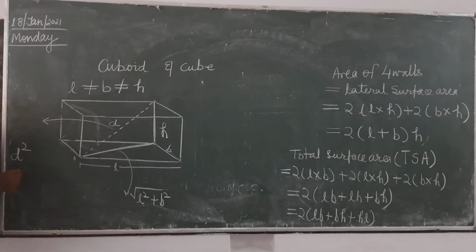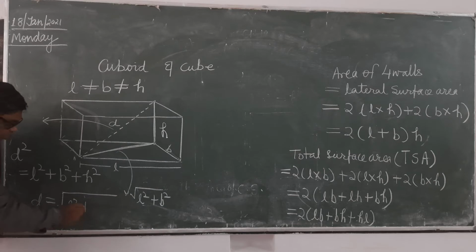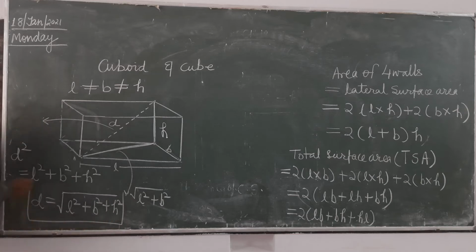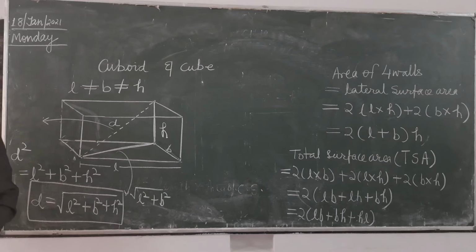So D square equals L square plus B square plus H square. Means D equals square root of L square plus B square plus H square. This is the length of the diagonal of the cuboid.